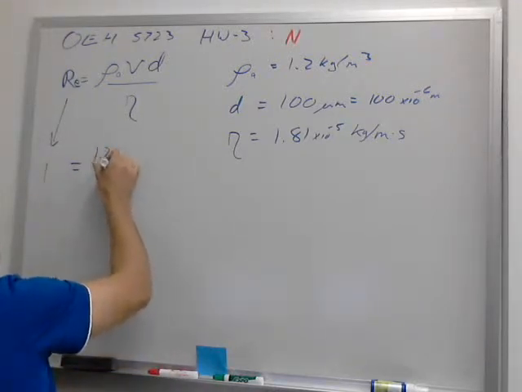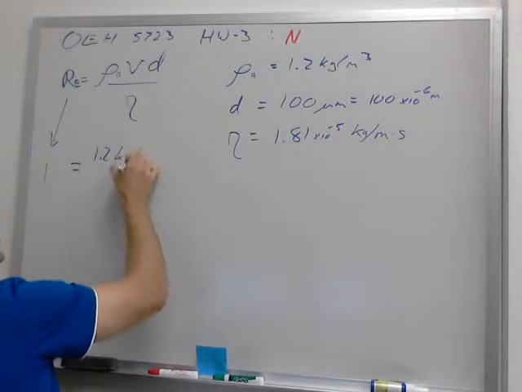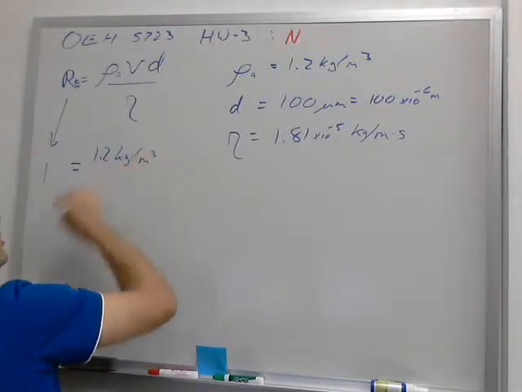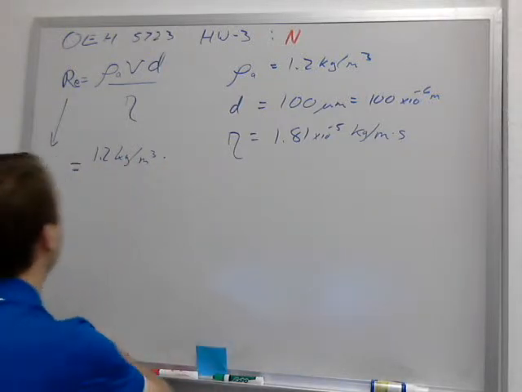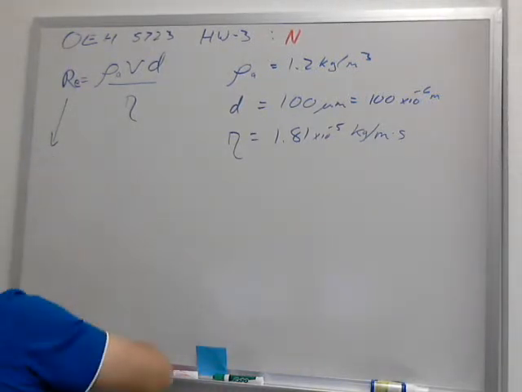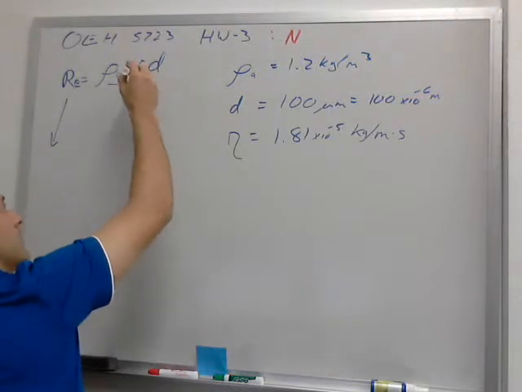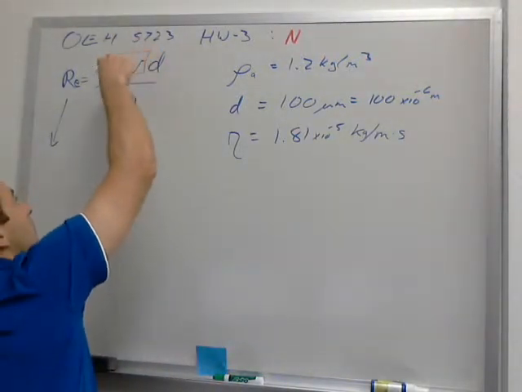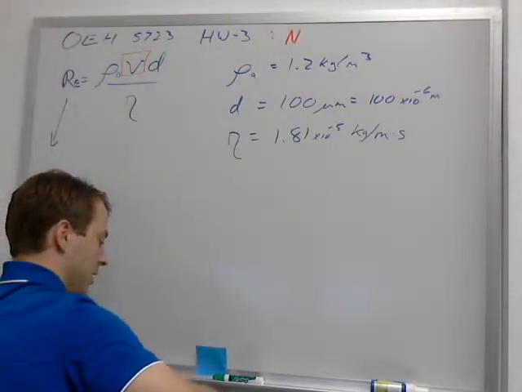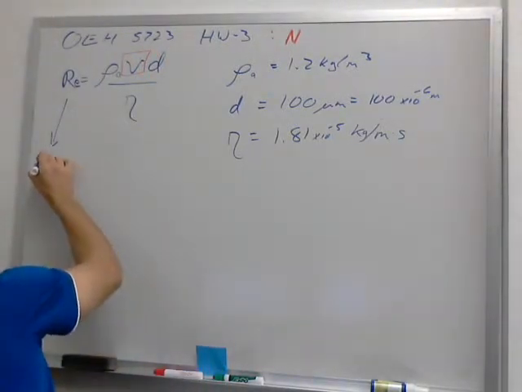So 1.2 kilograms per cubic meter. Our velocity, I'm sorry, I'm getting all backwards here. We want to solve for our velocity. So I just need to rearrange this expression a little bit.